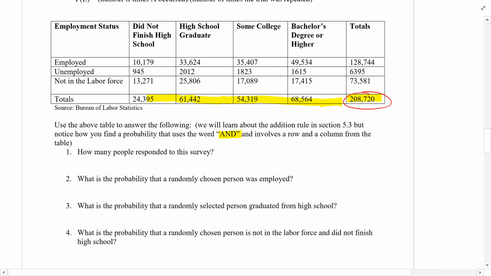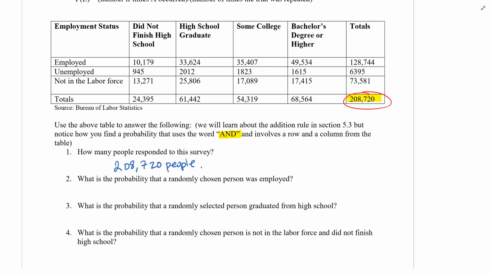And if I add the column totals, the 3 numbers over here, I also get this number, right? So when you calculate your totals in your table, you can check your answer by seeing the column total and the row total actually matching, right? So let's answer the question. We say there are 208,720 people in the survey.